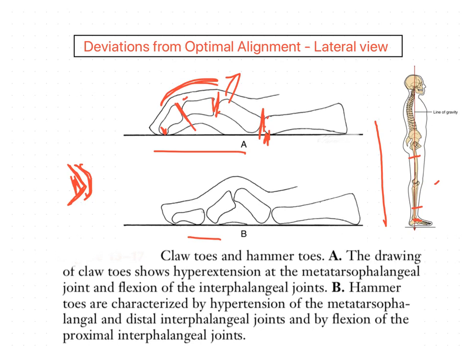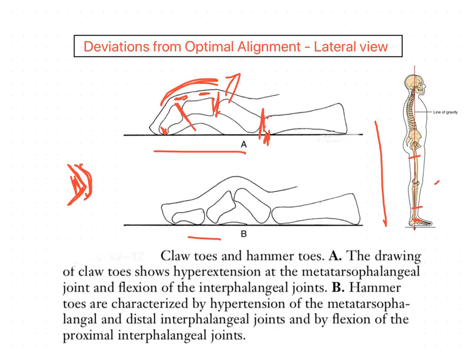from constant rubbing on the inside of shoes. That means this callus is formed on the phalanges due to constant rubbing on the inside of shoes. Okay. So, what is the effect here?